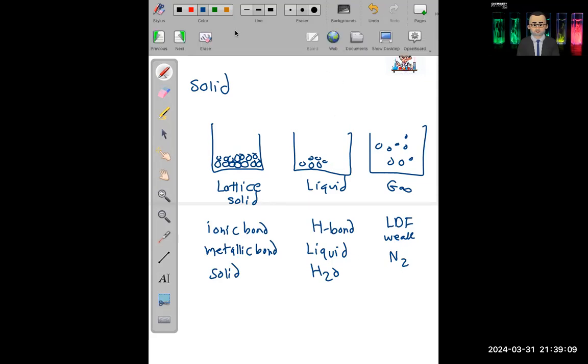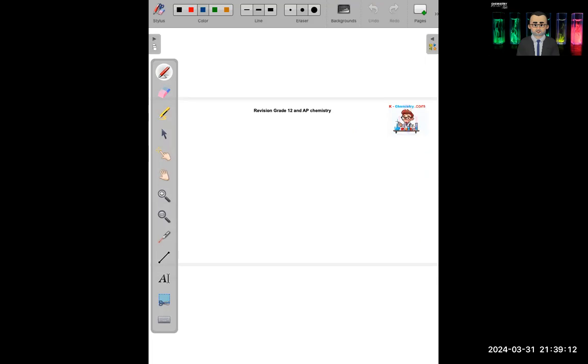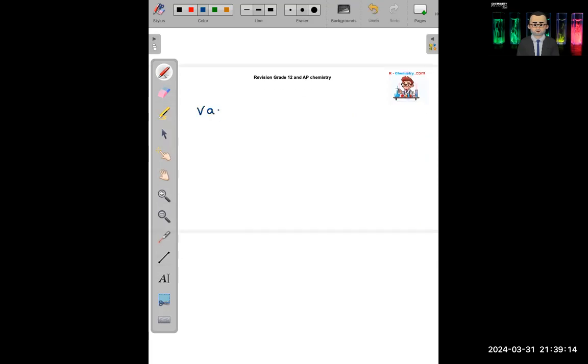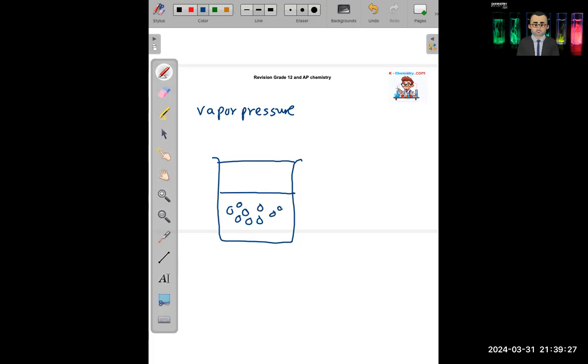What is the vapor pressure? When you have a beaker, a closed and covered container, and there are liquid particles inside, and you heat it, or even due to normal room temperature, some of the particles start to change from liquid into gas.